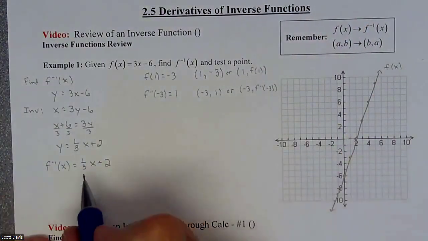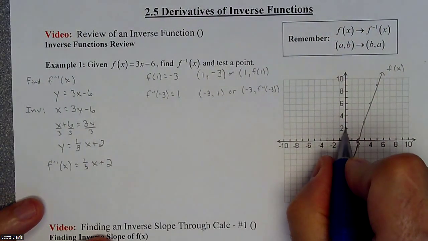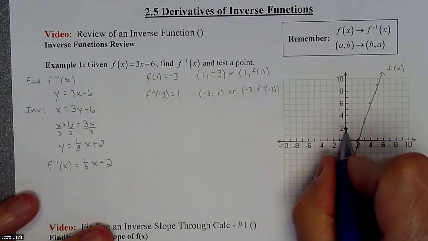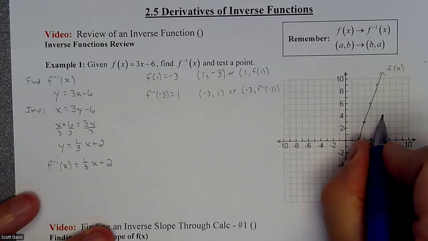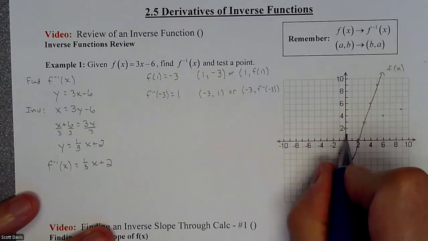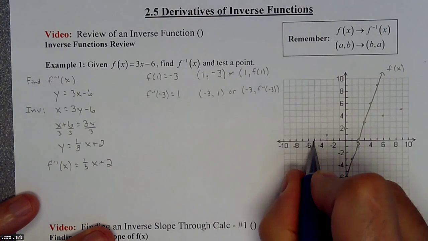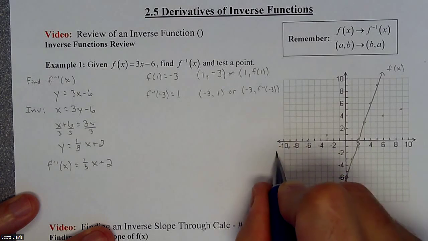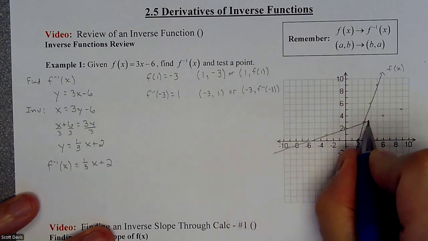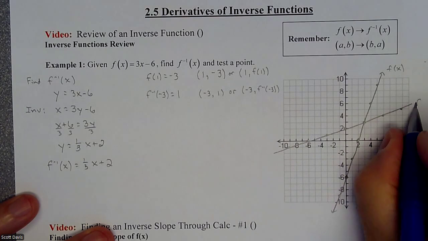And then if we graph the inverse, it's going to have a y-intercept at 2, and it's going to go up 1 over 3, up 1 over 3, up 1 over 3. So there's the inverse.